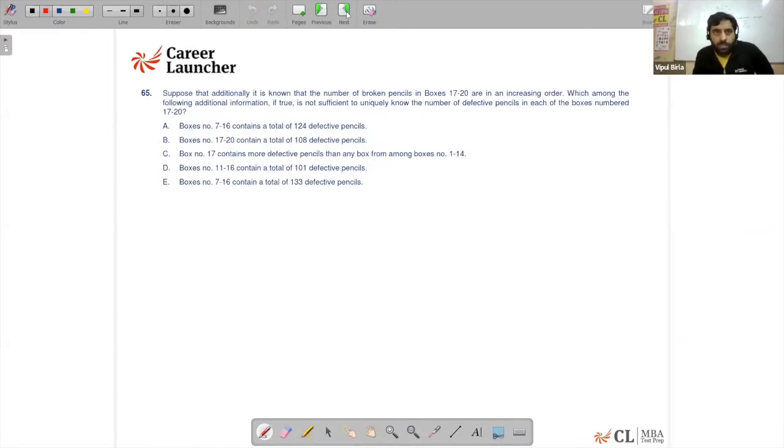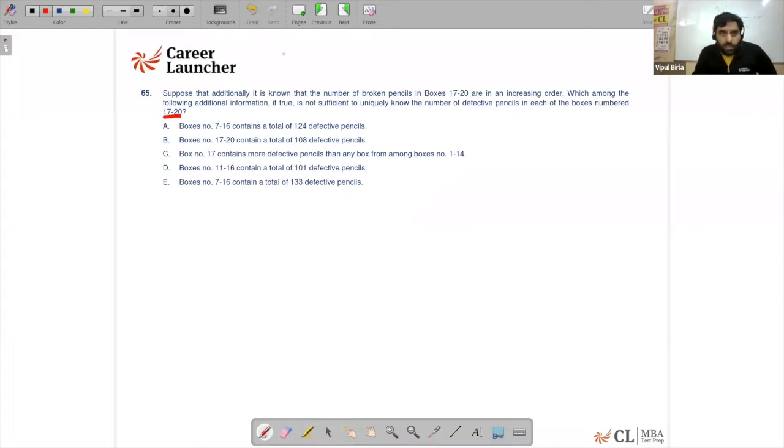Moving on. Next, suppose that additionally, it is known that the number of broken pencils in the boxes 17 to 20 are in increasing order. Which among the following additional information, if true, is not sufficient to uniquely know the number of defective pencils in each of the boxes numbered from 17 to 20?